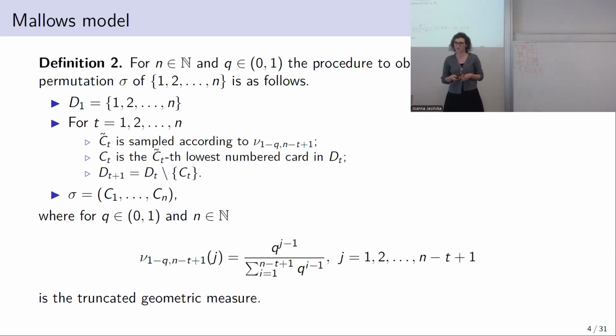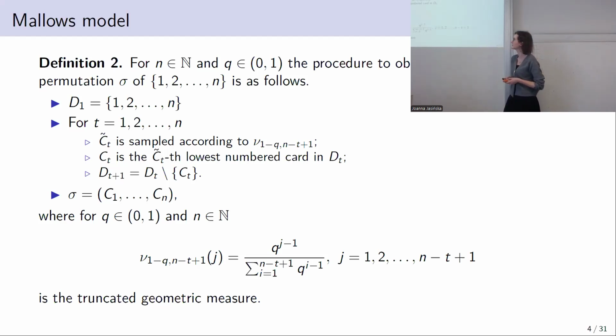And then we have the Mallows model. I will describe a way to get a permutation in the Mallows model in an algorithmic way, so that you see the analogy with the K-card minimum. So again, as before, I have a deck of n cards, and this is my D1.